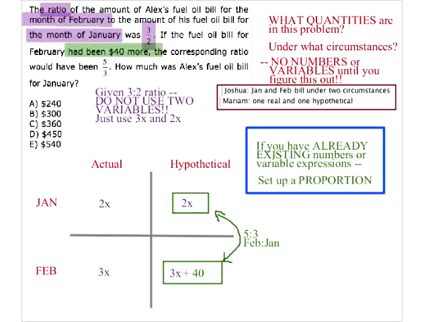In this case, a proportion means you have your 5 over 3, your more familiar thing, on one side of the proportion. And then you take the quantities that are supposed to be in the ratio and you put them in there. So in this case, you should still have one variable, because the quantities should be defined in terms of one variable, not two. So there you go.